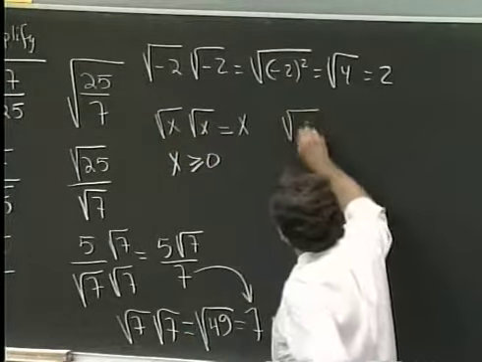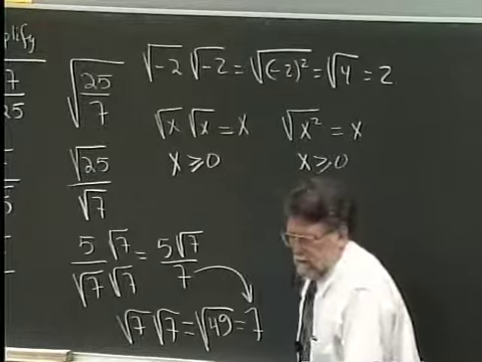So again, our assumption will be that whatever is done inside these radical signs, they will be non-negative values. So we are going to assume that any x, any variable you see inside the radical sign, will represent a non-negative number.